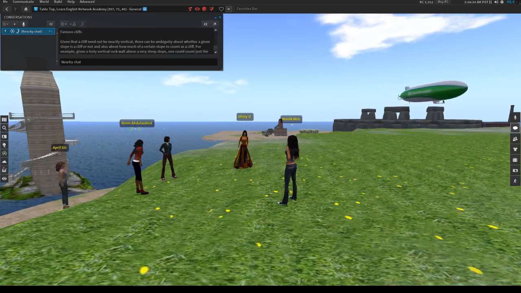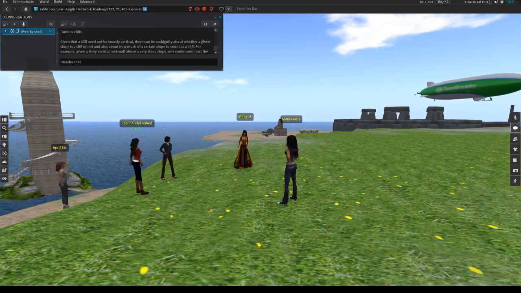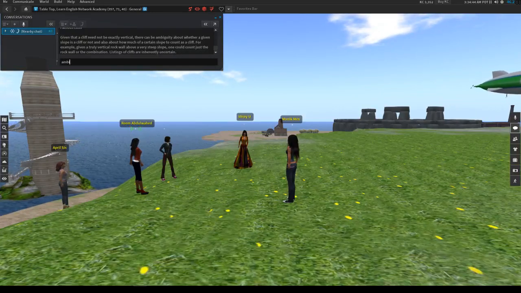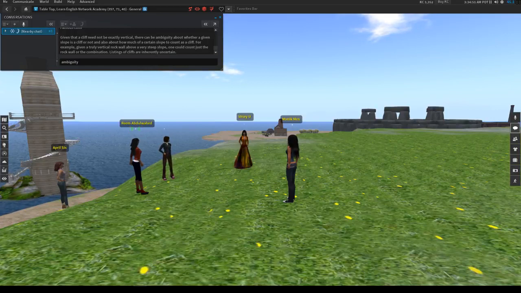Famous cliffs. A cliff need not be exactly vertical. There can be disagreement about whether a given slope is a cliff or not. Also about how much of a certain slope to count as a cliff.